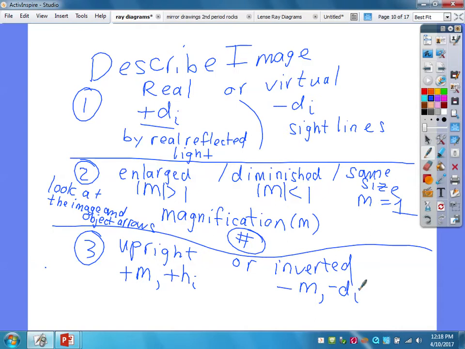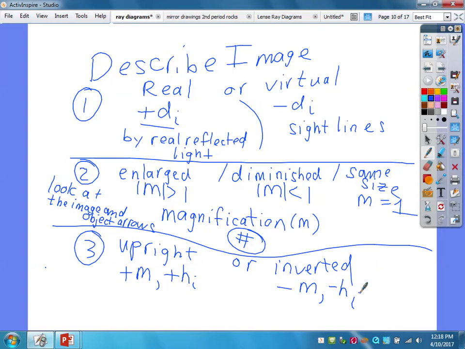I'll do a couple examples to make sure we understand this. So upright or inverted: positive M, positive HI; negative M, negative HI. That's what we're looking for.